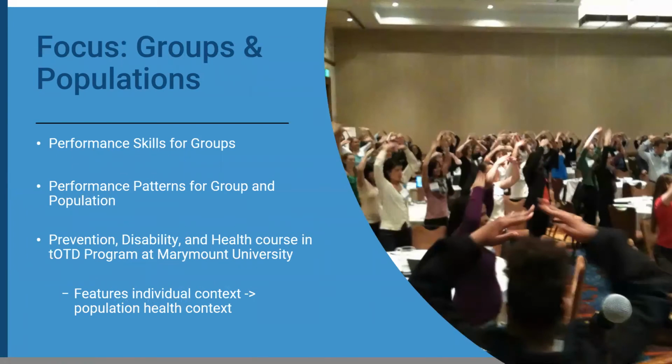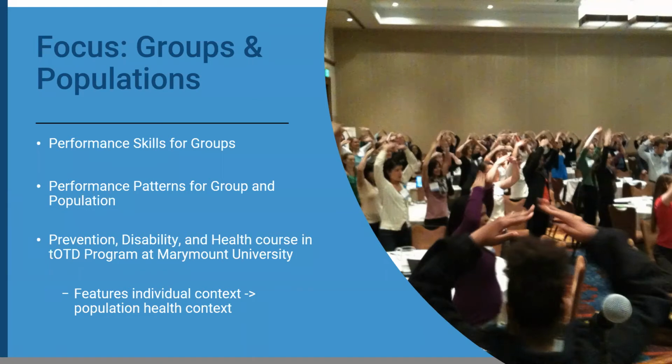Another big change is the focus on groups and populations. OTPF 4 has performance skills for groups, as well as performance patterns for groups and populations. And in terms of application of this knowledge, if you have a curriculum, if you're in academia, you might want to look at the curriculum to see if you cover population health.